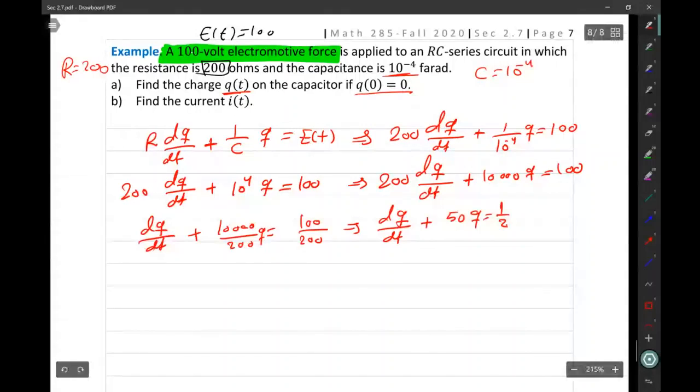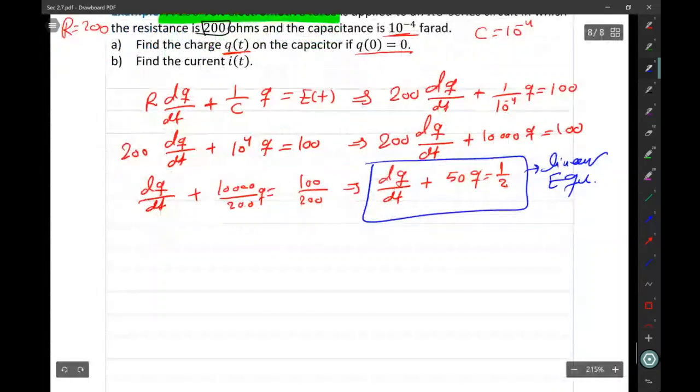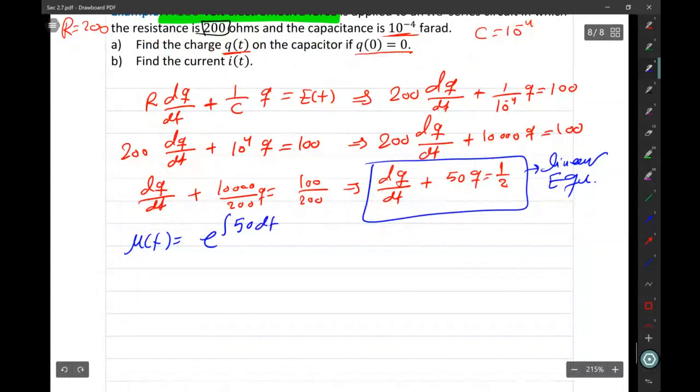Here my equation is a linear equation. I need to solve it. Find the mu of t, e to the power integral 50 dt, which is e to the power 50t.